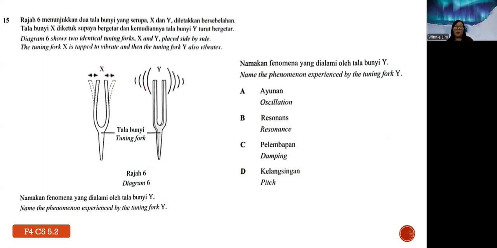And they not only vibrate, they actually vibrate at the same amplitude or maximum amplitude. This is the concept that we call resonance, because the frequency produced by X is the same as the natural frequency of tuning fork Y. So that's why they are at the same frequency right now. So the concept is called resonance.